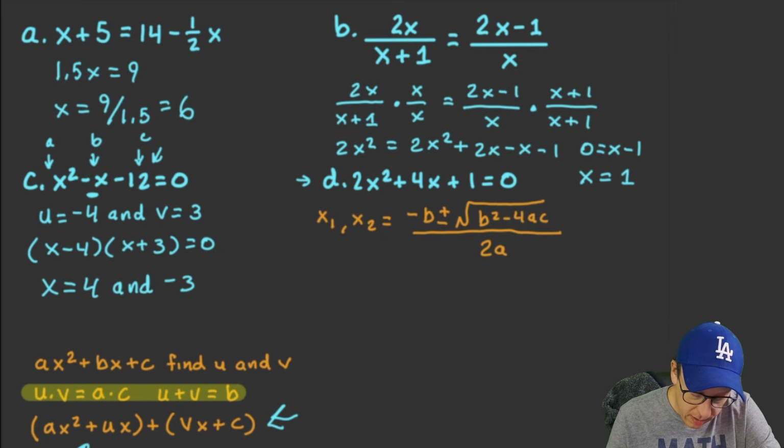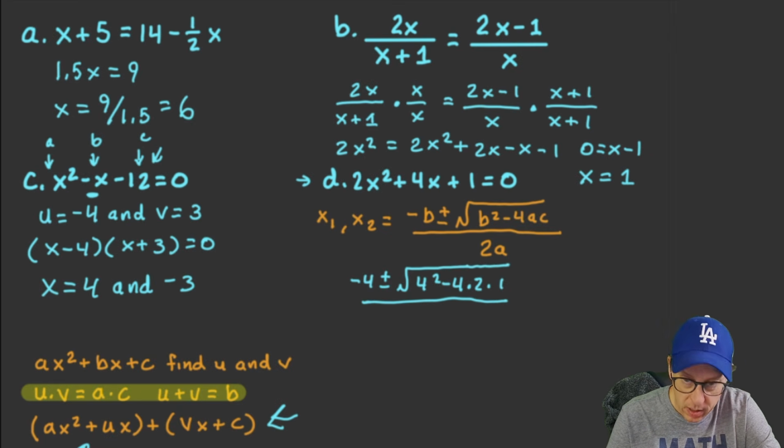Then we just plug those values in. So this is going to be equal to -4 plus or minus the square root of 4 squared minus 4 times 2 times 1, over 2 times 2, which is 4.